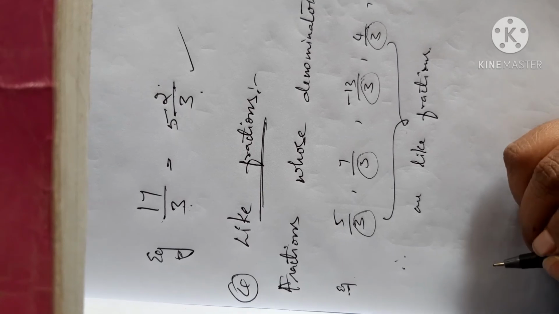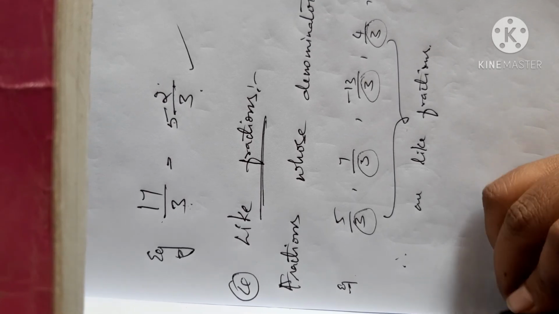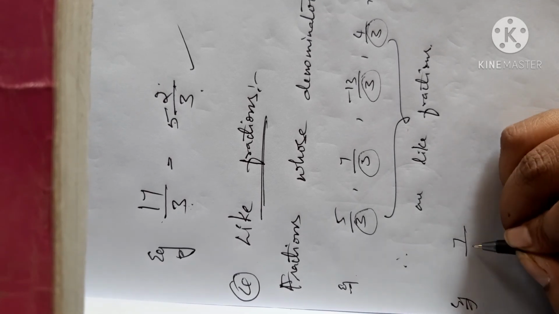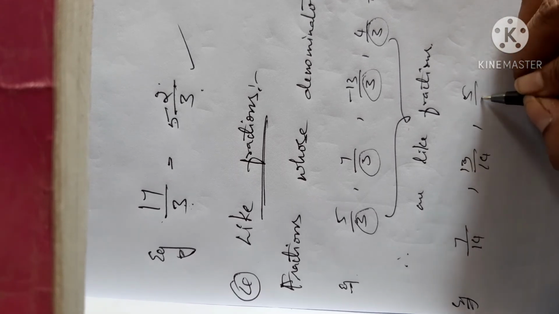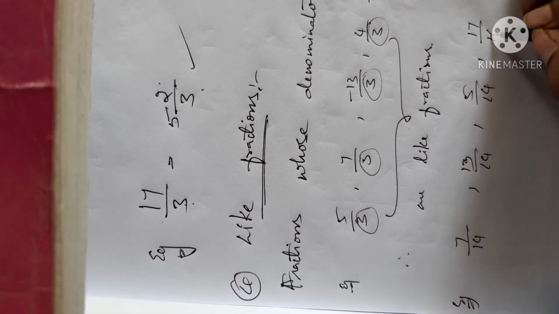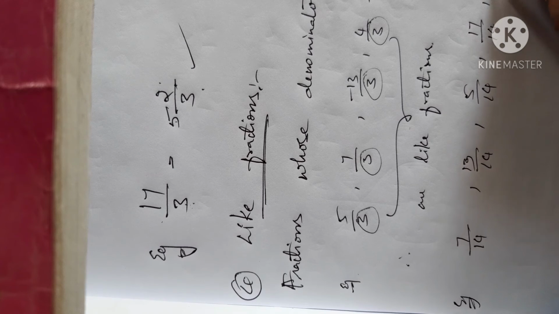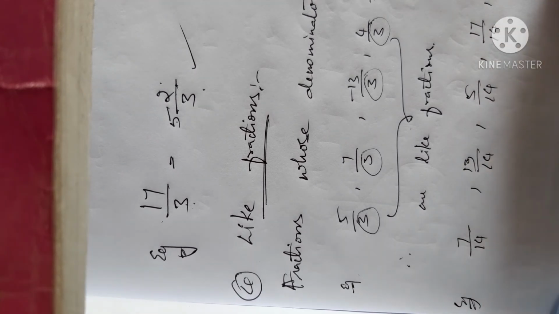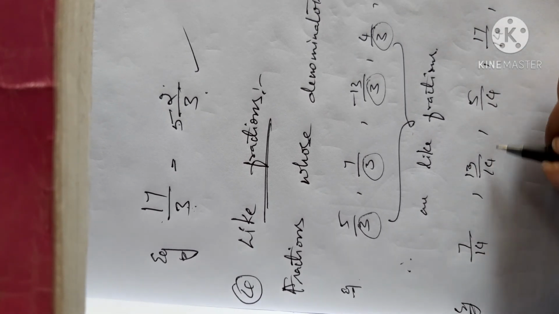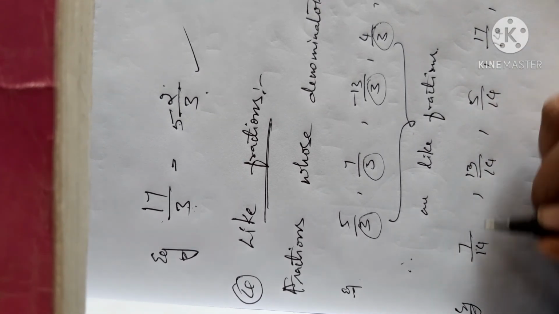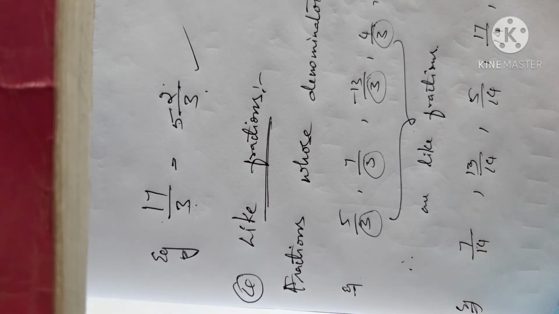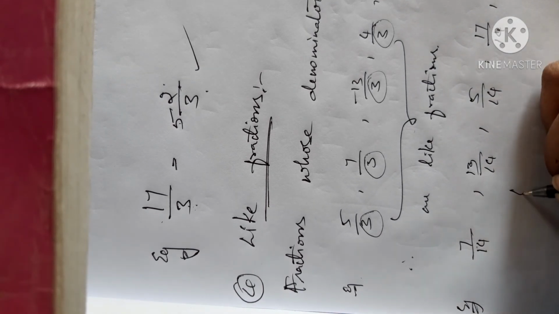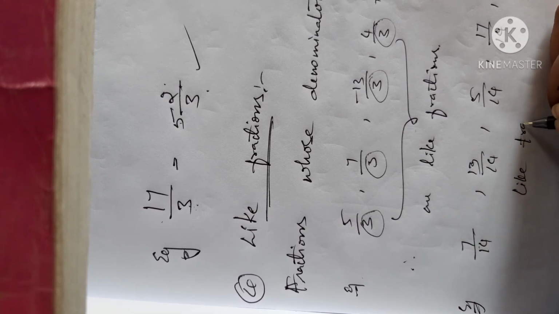Now another example, 7 by 14, 13 by 14, 5 by 14, 17 by 14, minus 3 by 14. These are all like fractions. Why? Because in all 5 fractions the denominator is the same, 14.